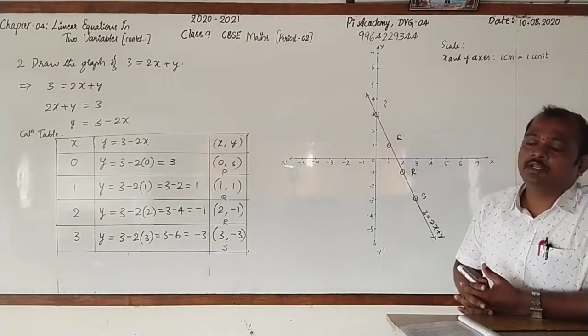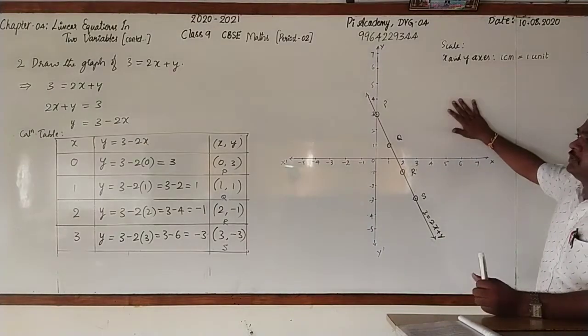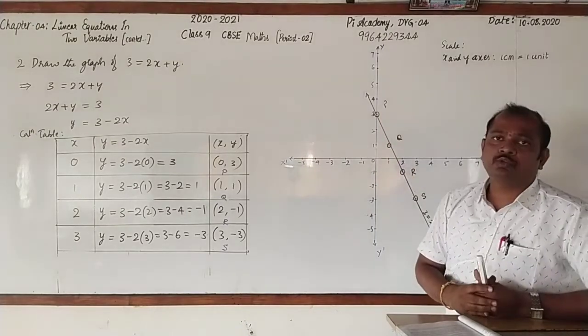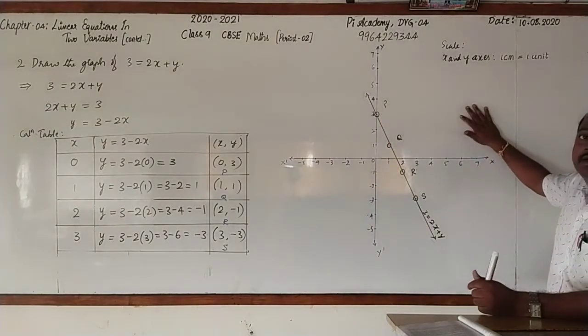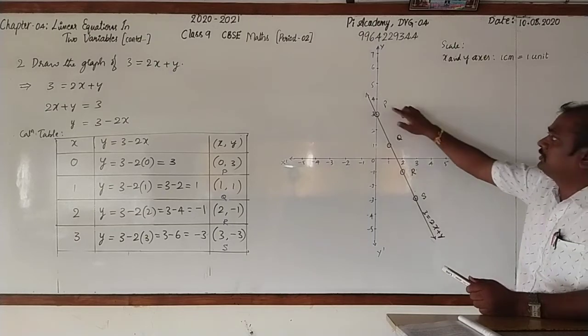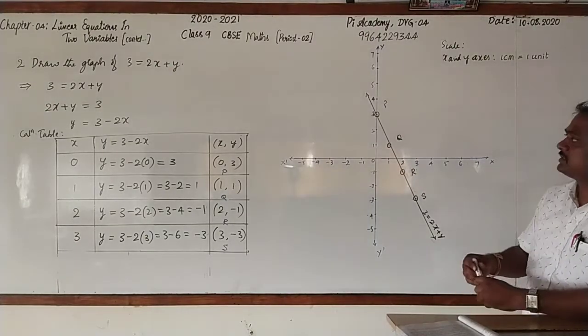Certainly. Then you all may be thinking, what is that? Observe. The question will be given in this way. Draw the graph of 3 equal to 2x plus y. Then find the area of the geometrical figure, nothing but the triangle formed by the line with the x and y axis. See that?